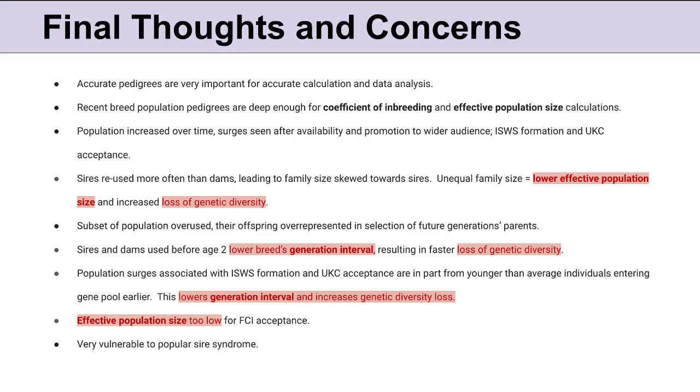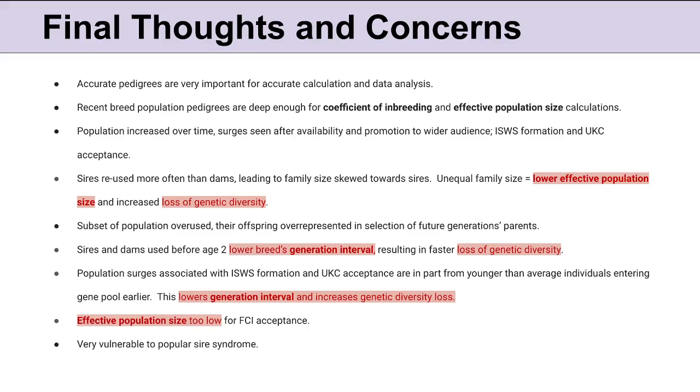This, combined with lower generation intervals, may be contributing to the genetic loss that we're seeing of genetic diversity with the EMBARK data. We see sires and dams are being used before age 2, and this lowers the breed's generation interval, resulting in faster loss of genetic diversity. But positively, we're seeing that there are population surges associated with ISWS formation and UKC acceptance.